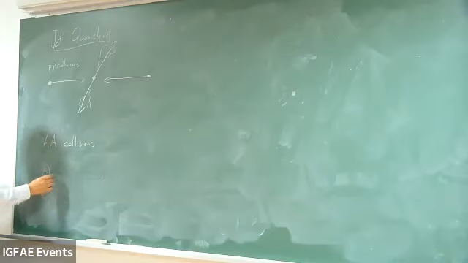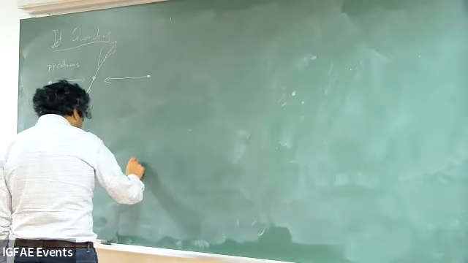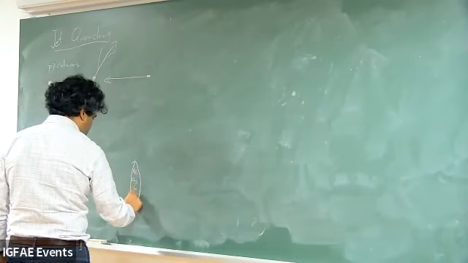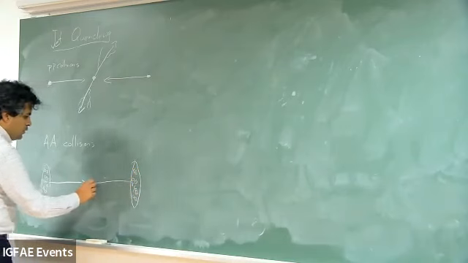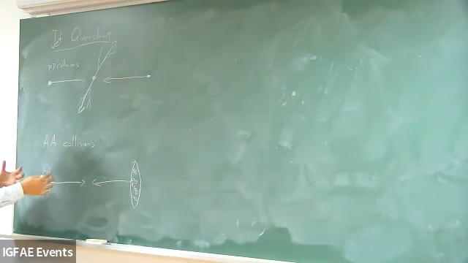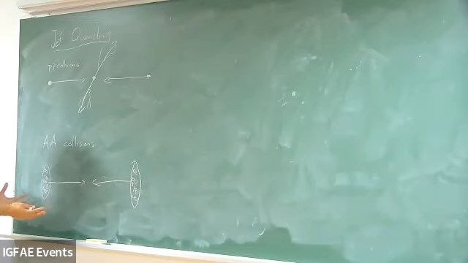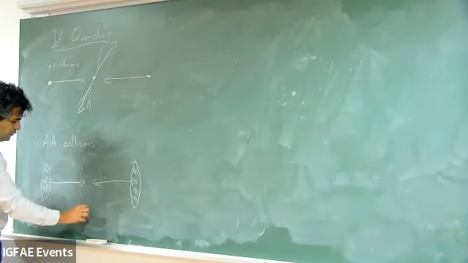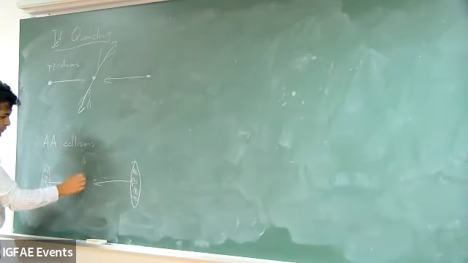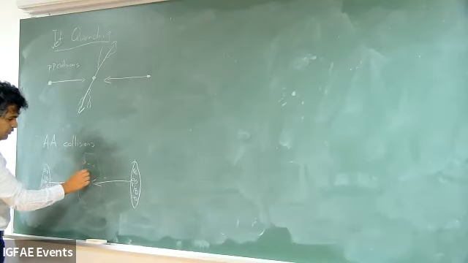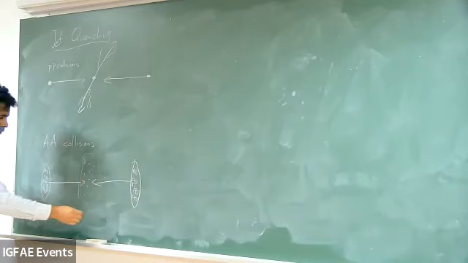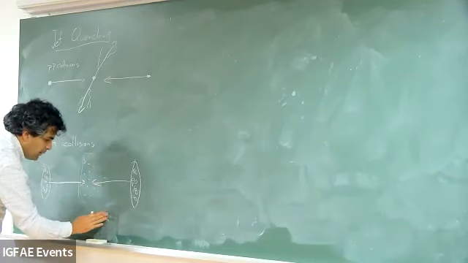I'm sorry, my artistic abilities are not very good, but still you got the idea. Now the collision has a lot of collisions inside, and what happens is that you create some sort of medium where for some amount of time you have deconfined partons, and it's what people call the quark gluon plasma.